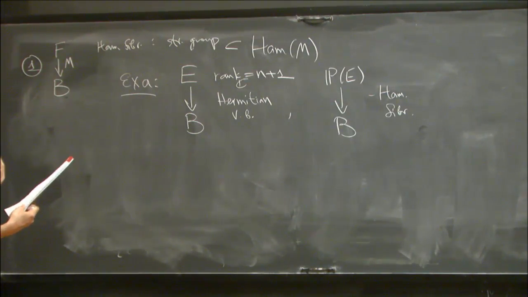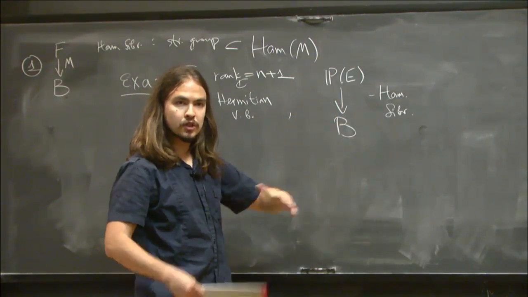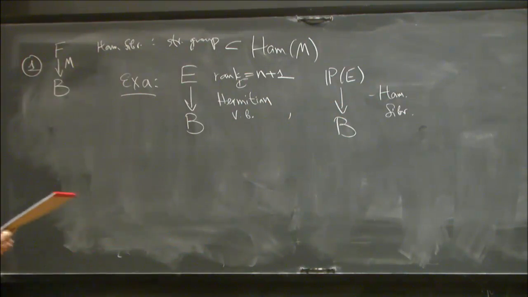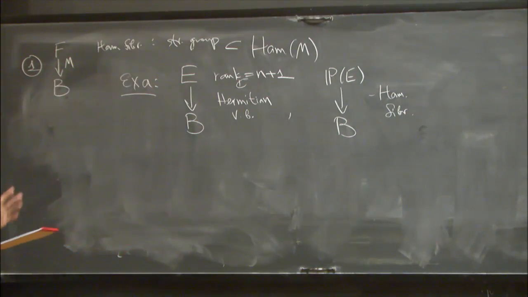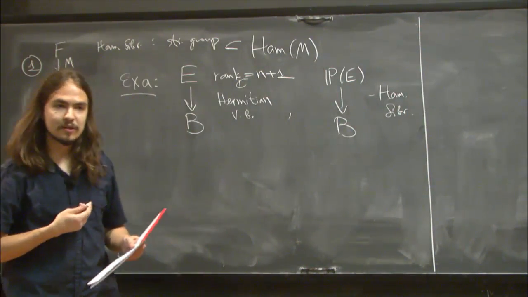Okay. And the first way of detecting the non-triviality of such Hamiltonian fibrations in general would be to consider certain characteristic classes. So let me quickly recall some characteristic class theory.